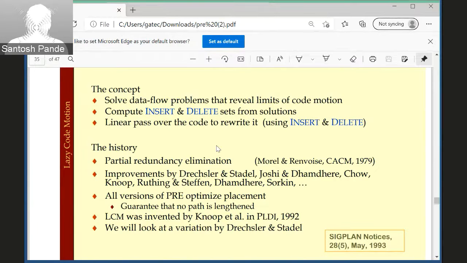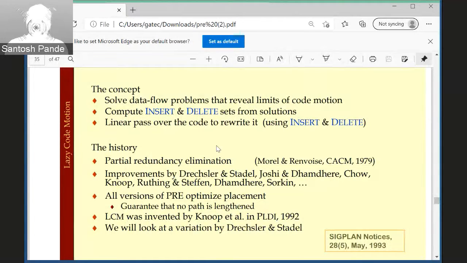as late as possible. And the PRE problem has been worked on for a while, but you can see that finally in 1993, which is the Drechsler and Stadel paper, there is an easier understanding of this PRE framework.